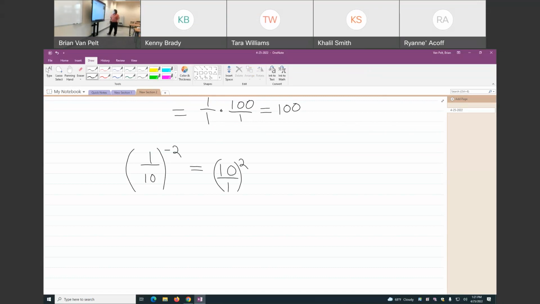Look at the fraction inside. What happened to it? Flipped it, but look at the exponent. That's right. Now the exponent is positive. Now we can do 10 to the 2nd power divided by 1 to the 2nd power, and that's equal to 100 over 1.